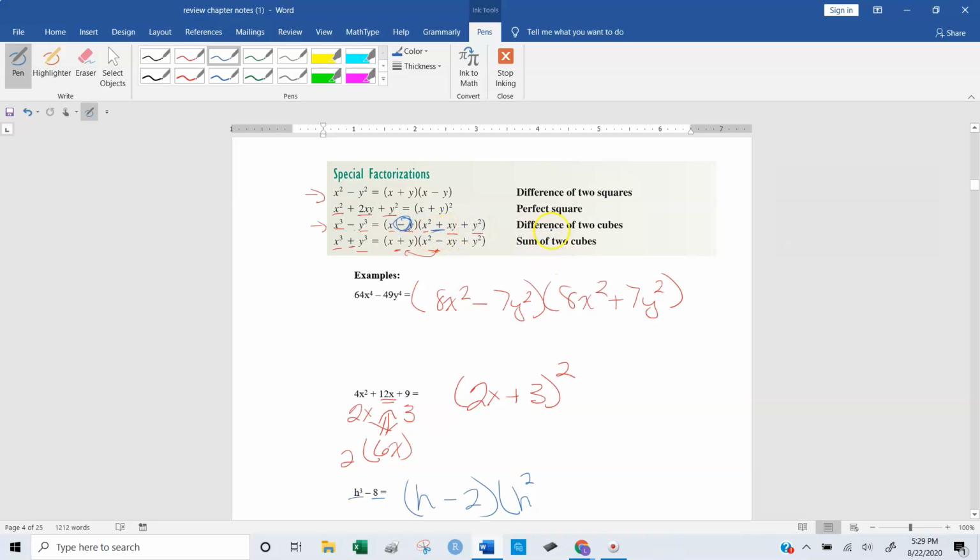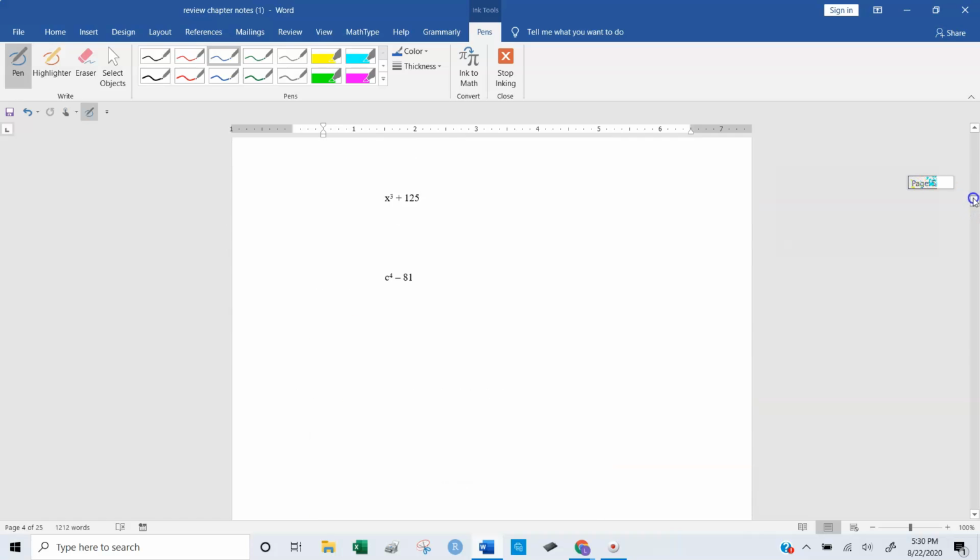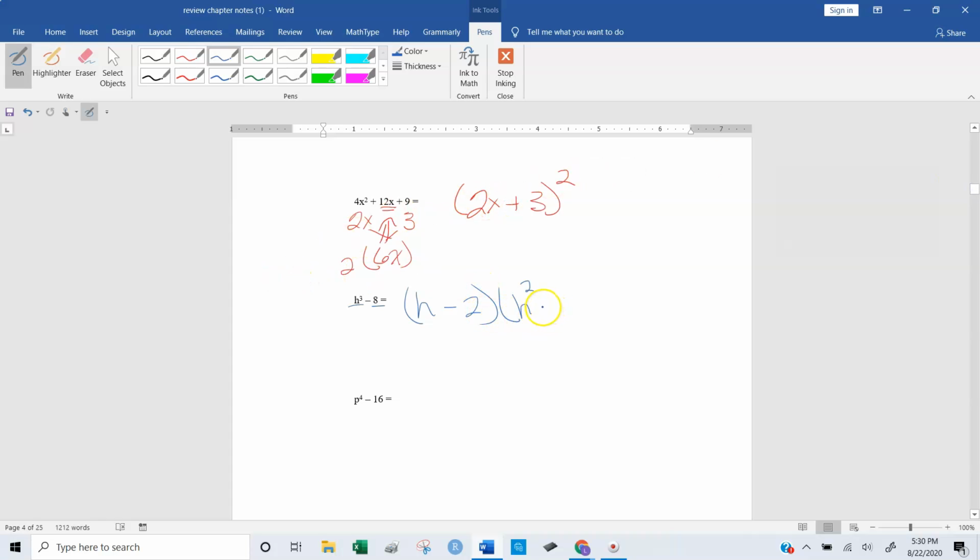It's got to be opposite in order to get the middle terms to go away. If you can't remember, make sure you check your answer when you are finished. So it's h minus 2 times h squared plus 2h, multiply them together, plus the last term squared, which would be 4. I hope you did well on that.